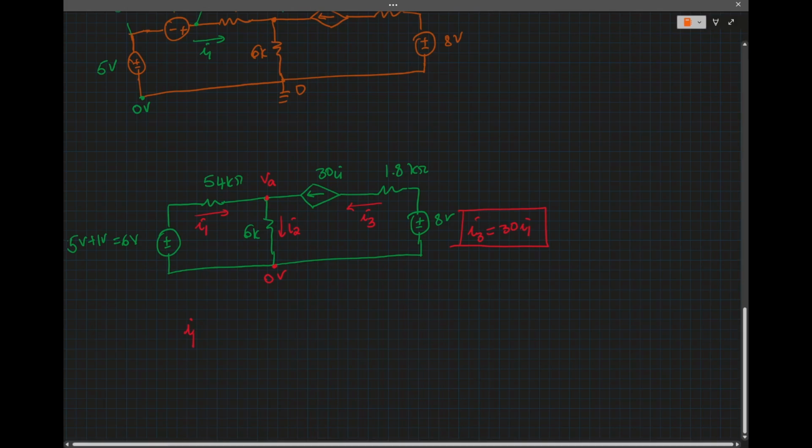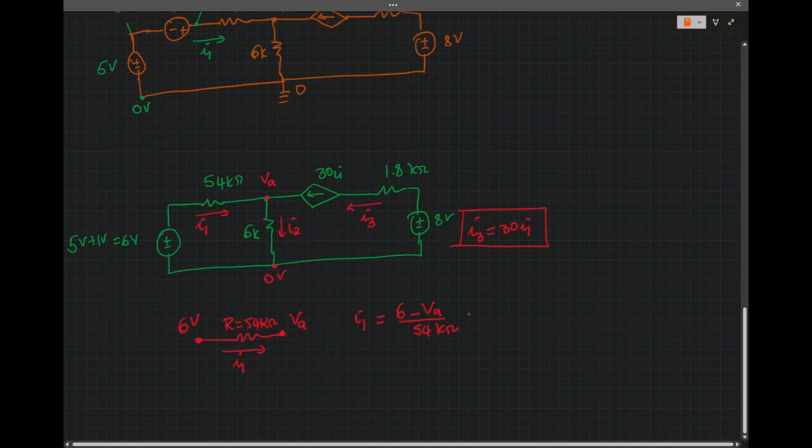I1. So when we take that 54k ohm, the voltage here is 6 volt, the voltage here is VA, and the current is flowing that way from left to right. So that means I1 will be equal to 6 minus VA over R, which is 54 kilo ohms.